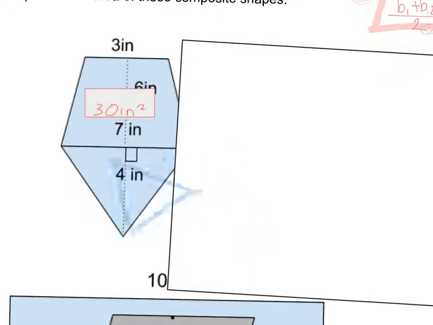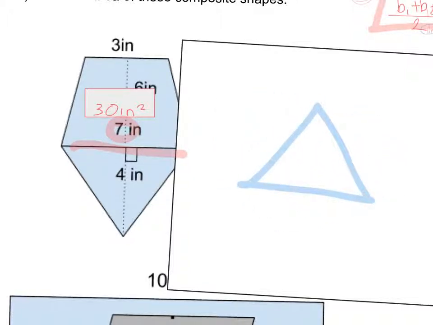If I flip it, so everybody look the way this is, I know that the base happens to be the same as the 7. So when I take my triangle, if I decided to rotate it, that would tell me that the base is 7 inches and the height, as you can see here, is 4 inches.